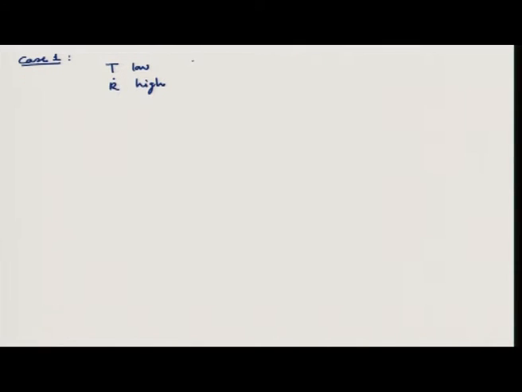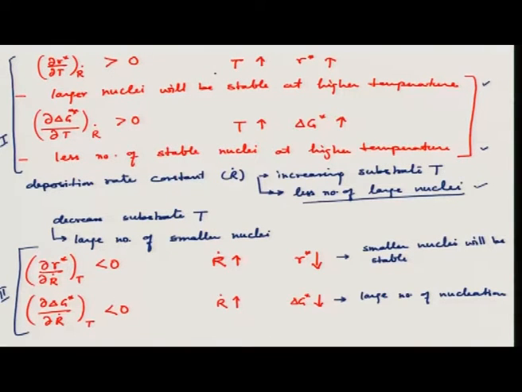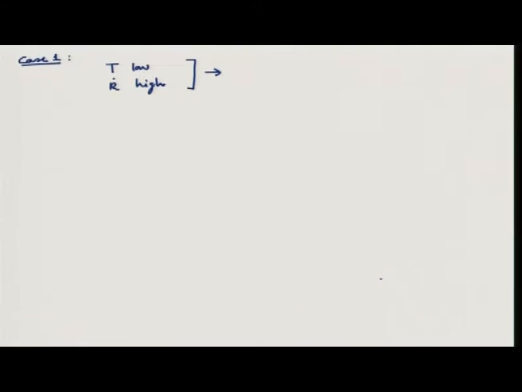Let us see what kind of film it will result in. If we go back here, temperature low means large number of smaller nuclei. Deposition rate high also means large number of smaller nuclei.